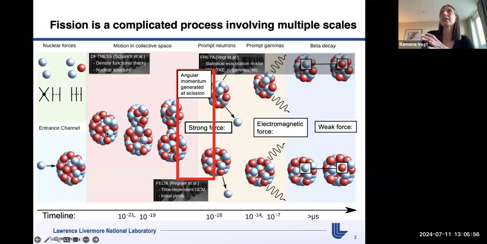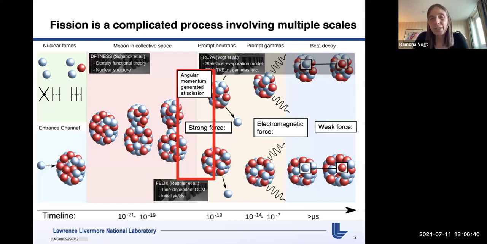Not all nuclei are spherical, not by a long shot, but just imagine it's a fairly compact configuration, but then the nucleons start moving back and forth, and you get something that looks like a peanut, and then maybe like a dumbbell or barbell at some point, where you have two almost completely formed fragments and a neck in between. And at some point, that neck will snap, and that's called scission. And then you have two hot, excited, rotating fragments that need to lose some of their excitation energy.